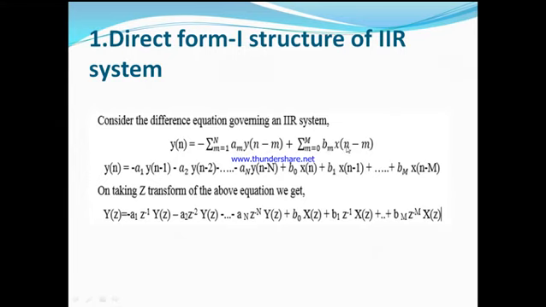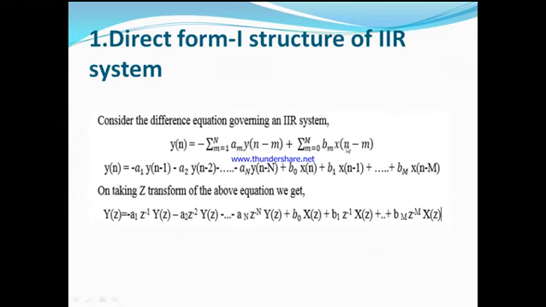We can expand this equation. You will get y of n equals minus a1 y of n minus 1 minus a2 y of n minus 2 up to minus aN y of n minus N, plus the second term b0 x of n plus b1 x of n minus 1 up to bM x of n minus M. Next you have to take the Z transform. When you take the Z transform, you will get Y of z equals minus a1, here y of n minus 1.